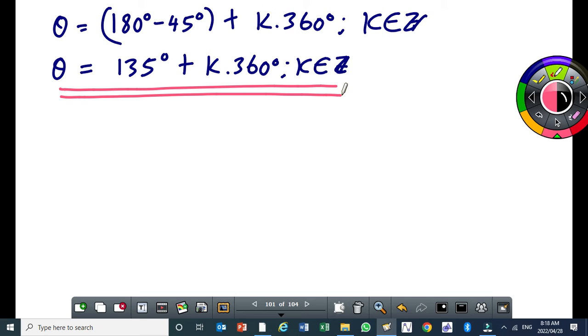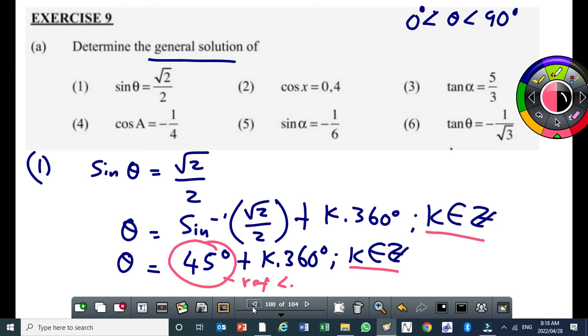If you substitute k equal to minus 1, you get another solution, and so on. So there are many solutions. Please be aware that this formula and this one here are called general solutions. They are just formulae that can help us to find all the possible solutions.